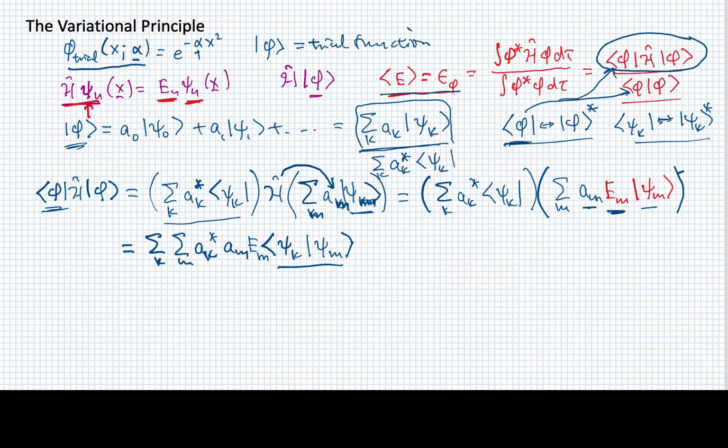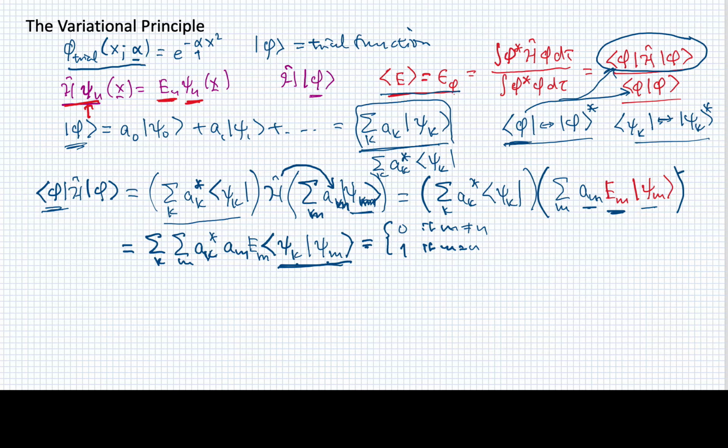But you remember, for a Hermitian operator, and a Hamiltonian is a Hermitian operator, the eigenstates must be orthogonal to one another. So in other words, this is going to be 0 unless k is equal to m. Another thing that we can do is ensure that our eigenstates are normalized. So this part of it will give us 0 if m doesn't equal k, that's for sure, but we're also going to say it equals 1 if m equals k for these eigenstates.